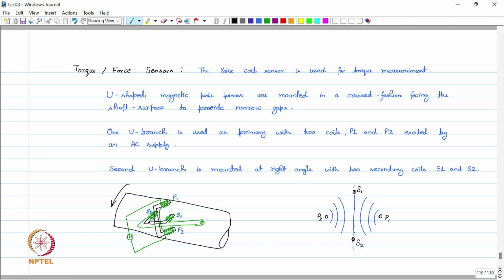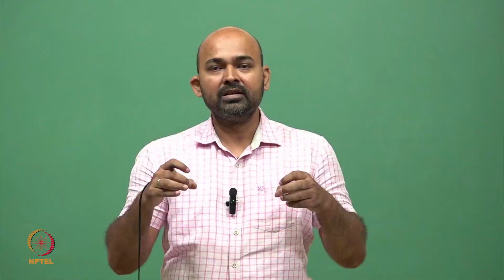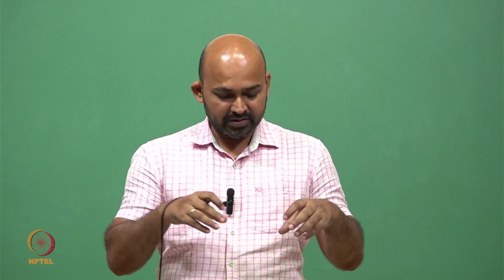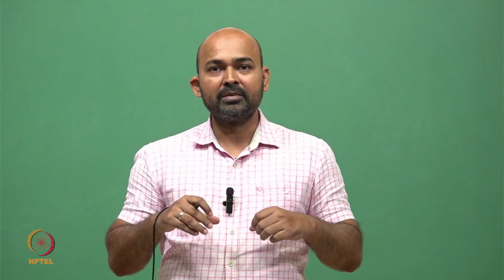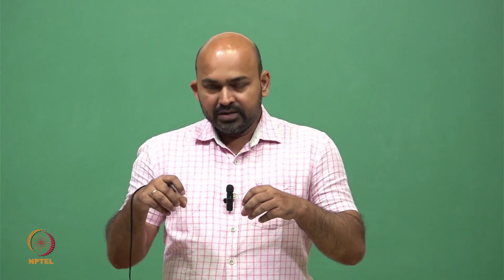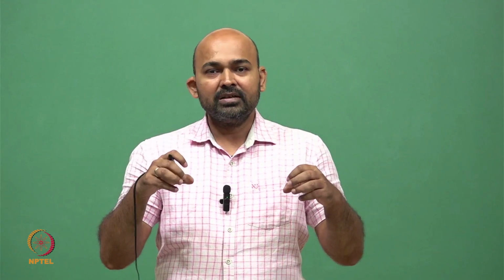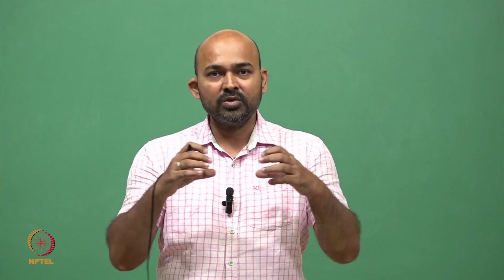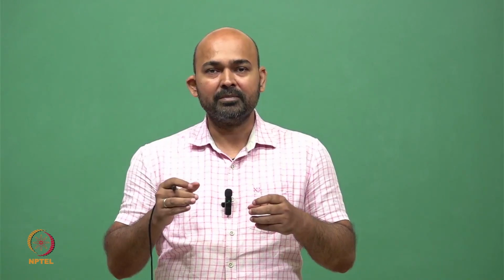In this diagram, this is the flux diagram. We see P1 and P2 generating flux in the shaft. The shaft is coated with some magnetic material. This flux is uniform and it reaches S1 and S2 at the same time.